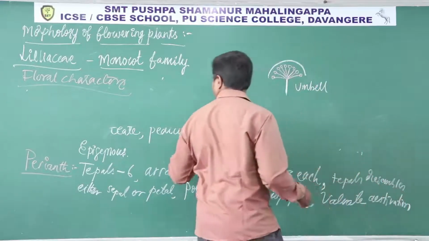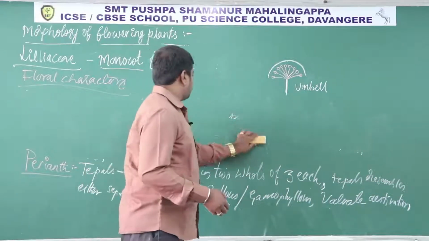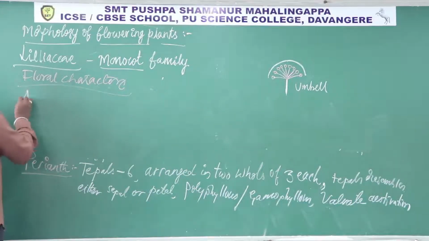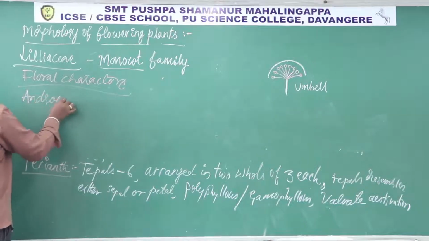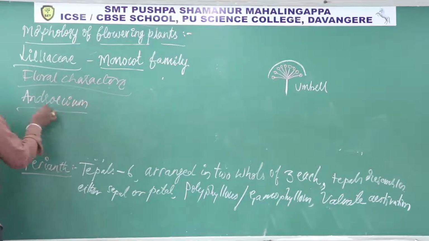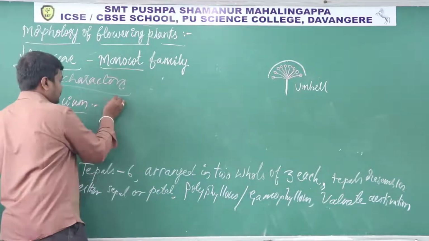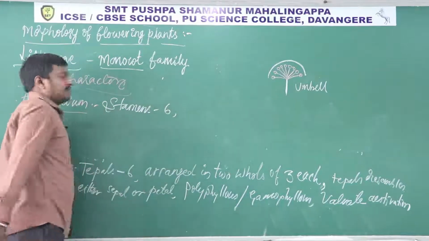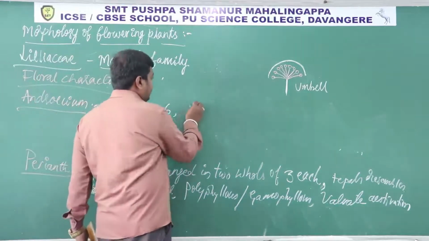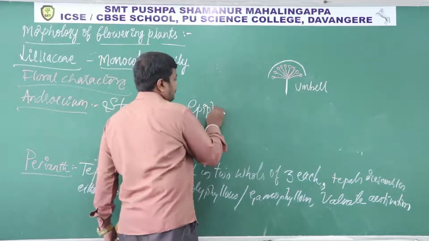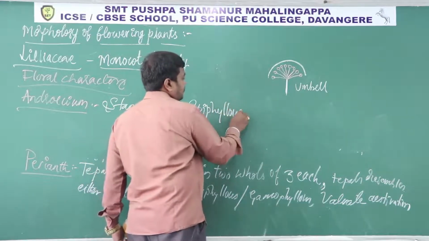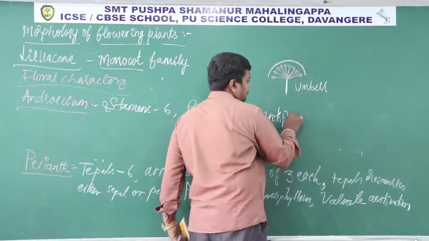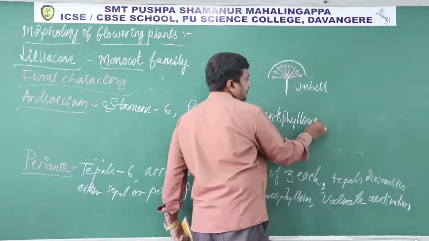androecium. Total 6 stamens. Stamens 6, and epiphyllous and antiphyllous.